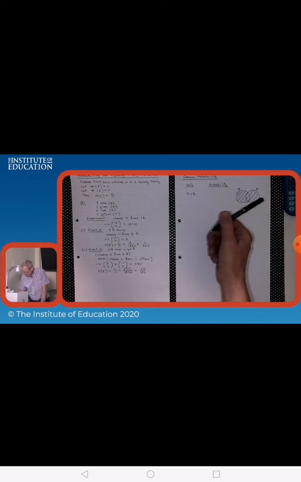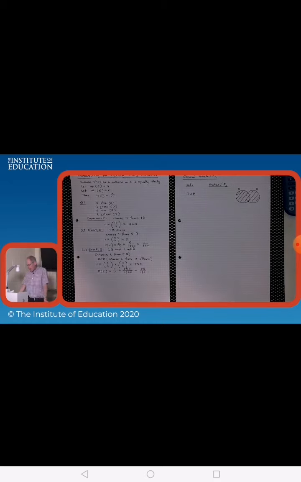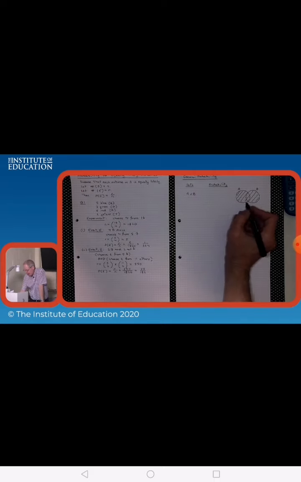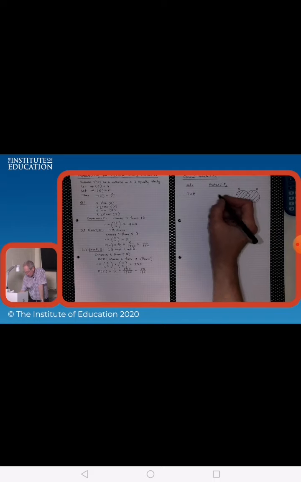Now, what do we call that region in probability? Well, the name for the region in probability refers to the condition that must be met for an outcome, or if you like, an element, to belong to that region. And for an element to belong to this region here, it must belong to A or to B. So in terms of probability, we call that A or B.